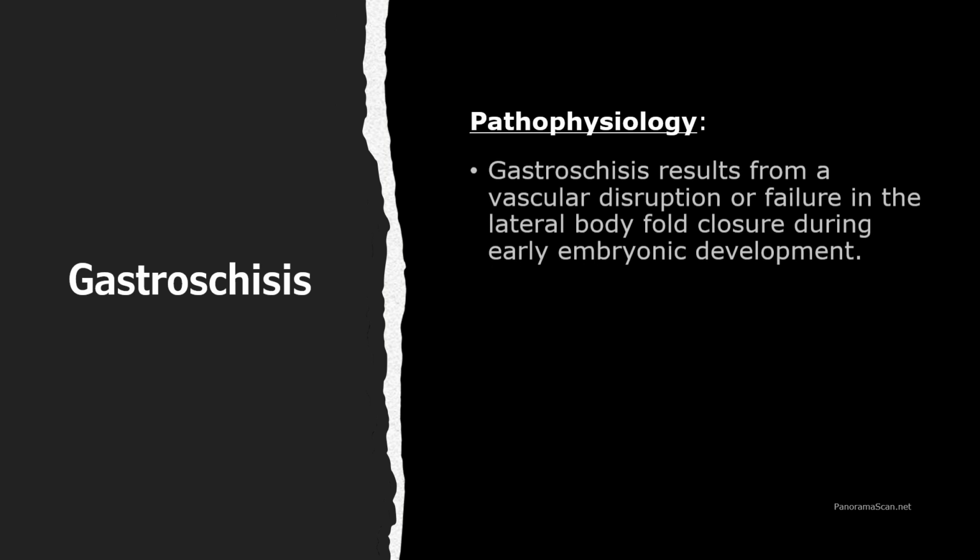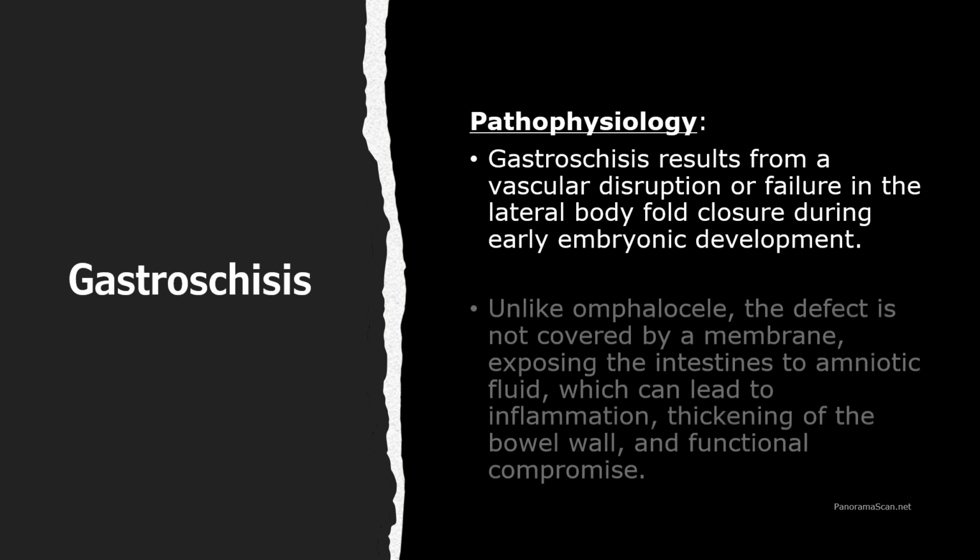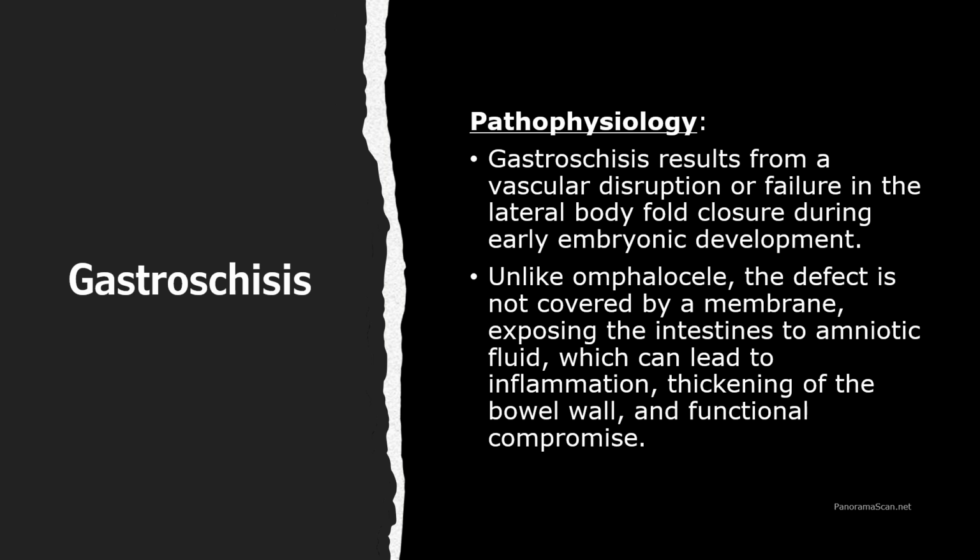To understand the development of gastroschisis, it is important to consider its embryological origin. This condition arises due to vascular disruption or failure in closure of the lateral body folds during early fetal development. Unlike omphalocele, the abdominal defect in gastroschisis is not covered by a protective membrane, leaving the herniated intestines directly exposed to the amniotic fluid.